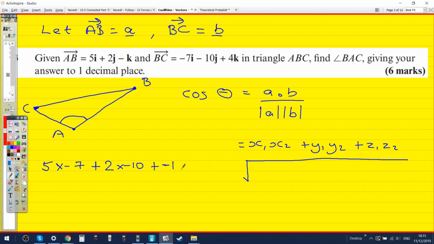Your magnitude thing should have worked. Yeah, plus minus 1 times 4. And that's all over the magnitudes multiplied by each other. For the magnitude of A to B, I got 2 root 7.